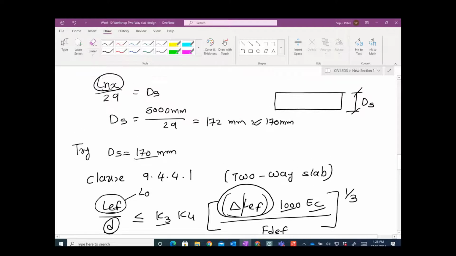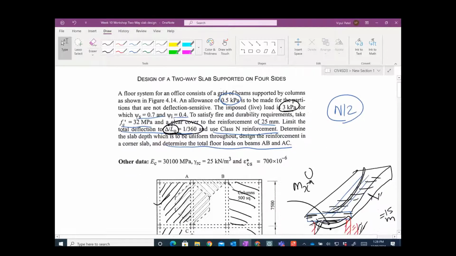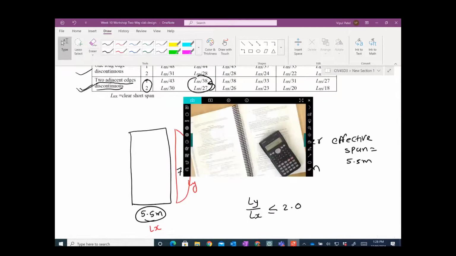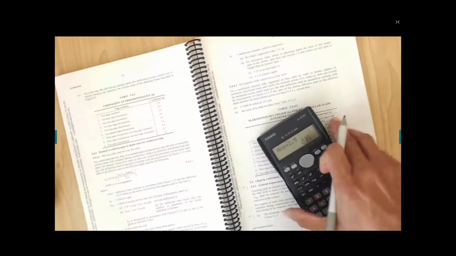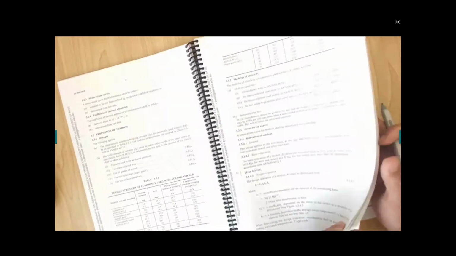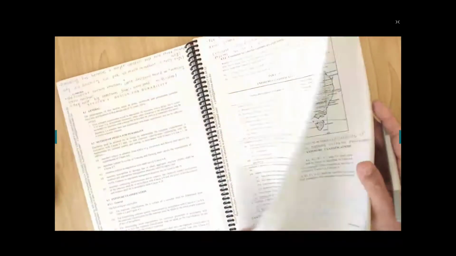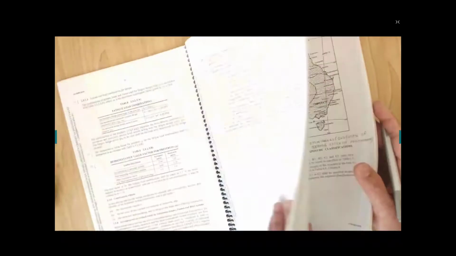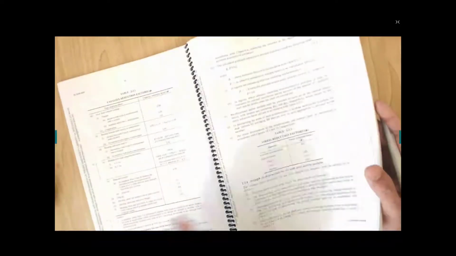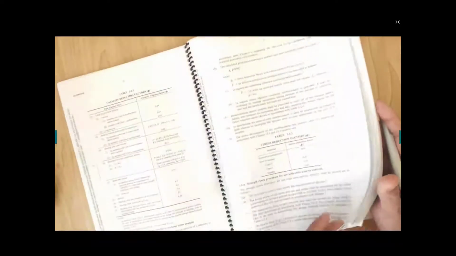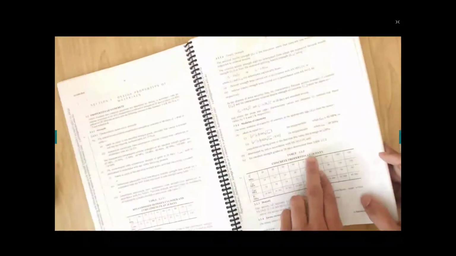Ec is given in our example, 30,100. In case it's not given in our examples, for 32 megapascals, we can just read from the tables. That table is here, table 3.1.2.